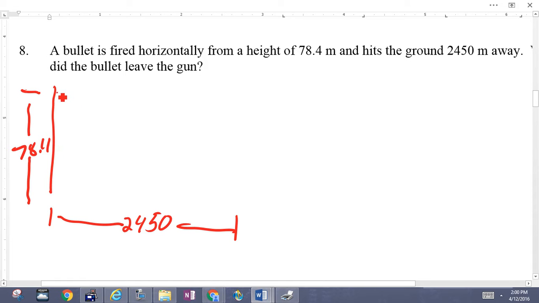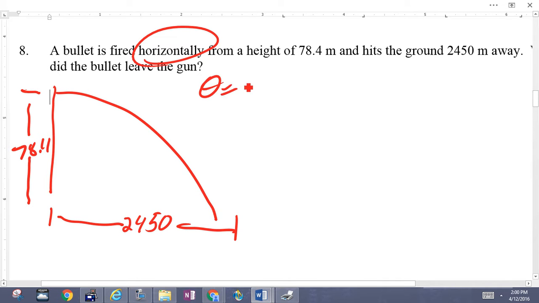Okay, looks like my path disappeared, so here it is again. We know then, since it's fired horizontally, theta is equal to 0.